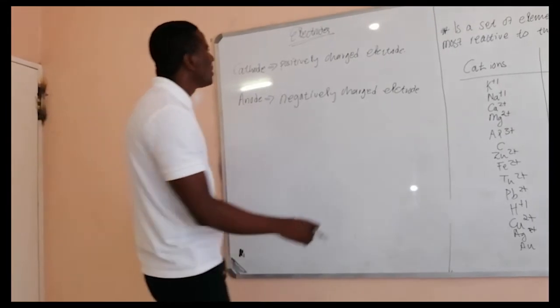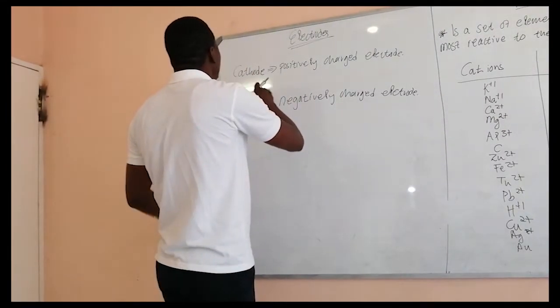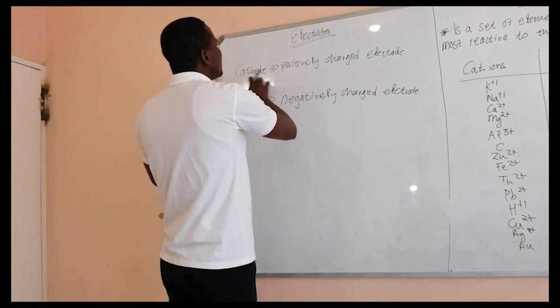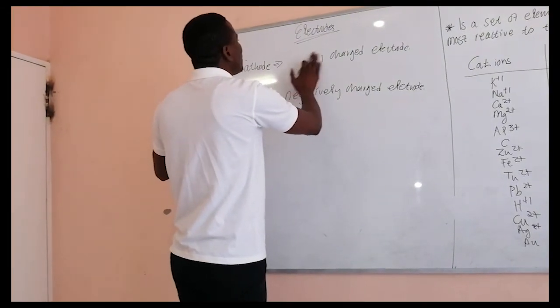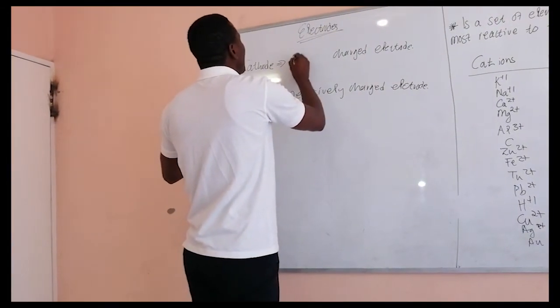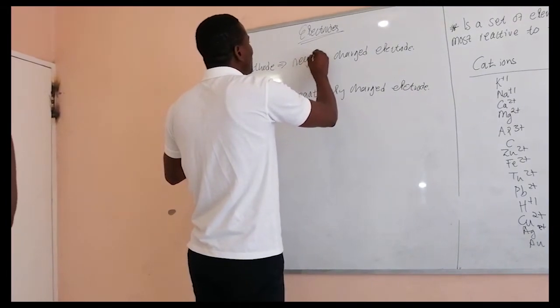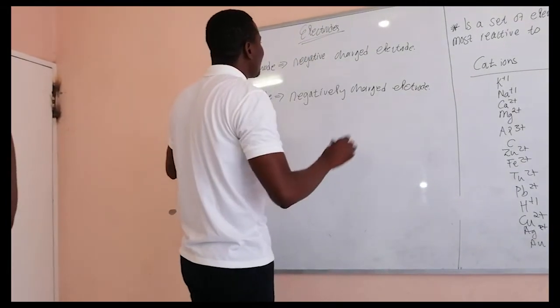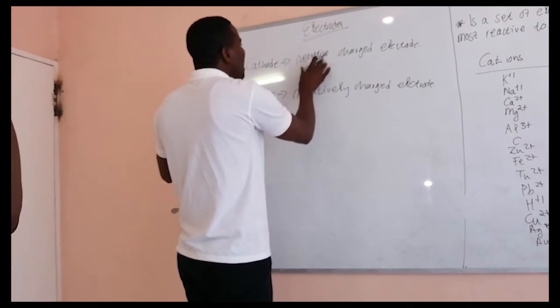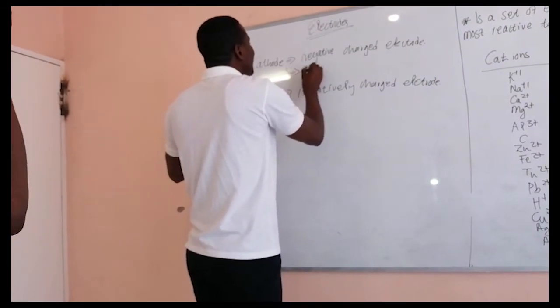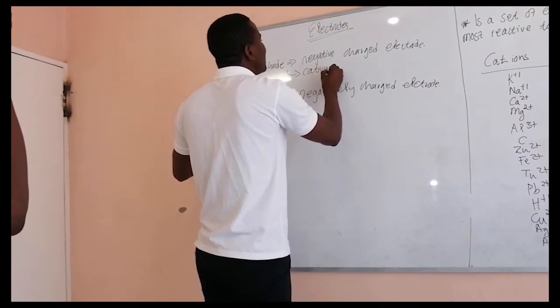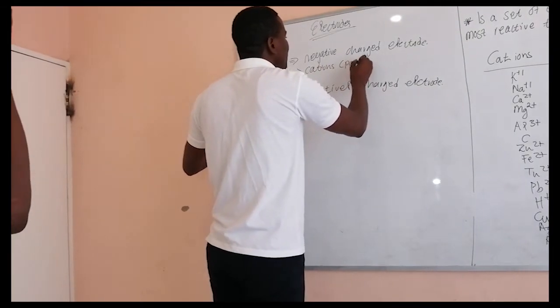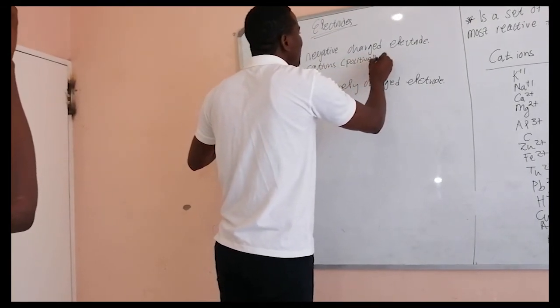Now, let me correct something here. The cations come here, which means our cathode is going to be negatively charged, because opposite charges attract. So the negative charge will attract the cations because they are positively charged.